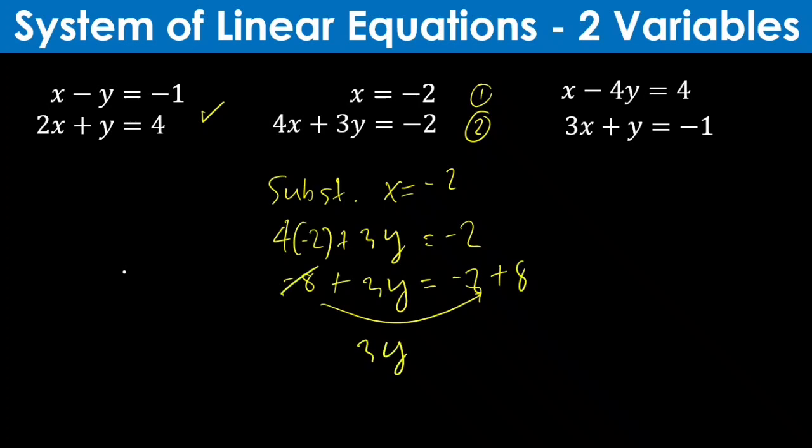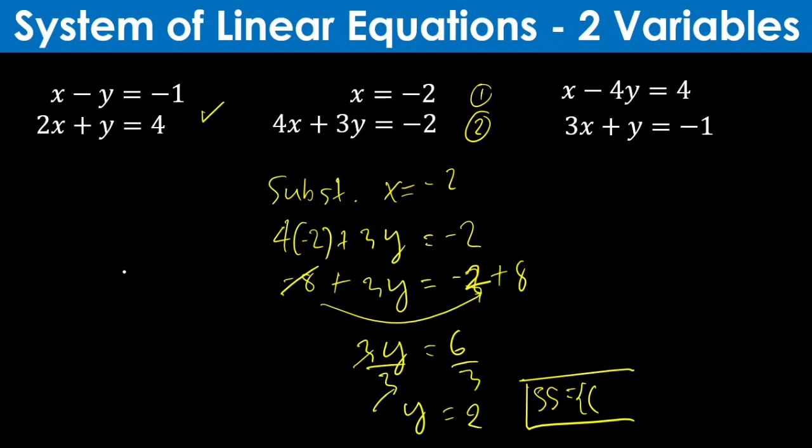So this is now 3y. Okay, this is -2 plus 8 here. Gives us 6 over 3. So y equals 2. And the solution set, meaning our x is -2 and y is 2.